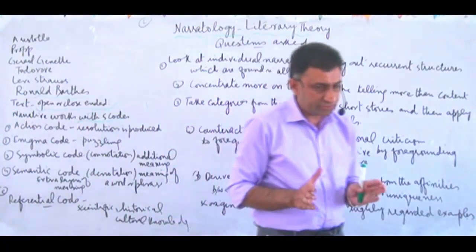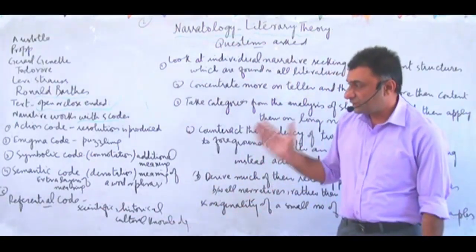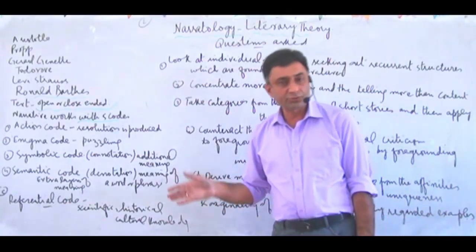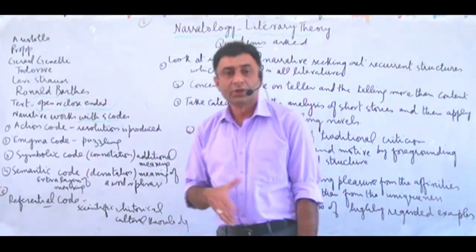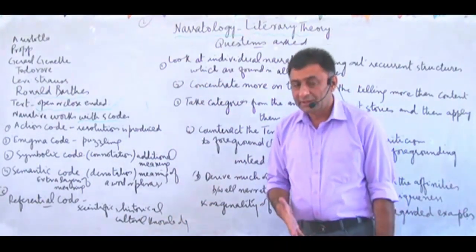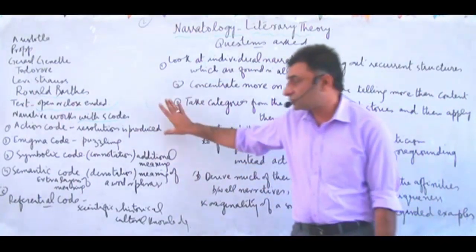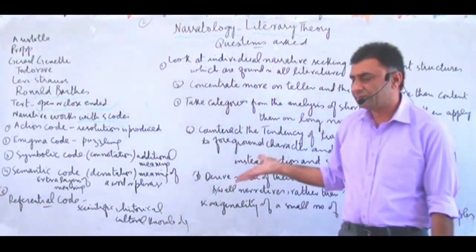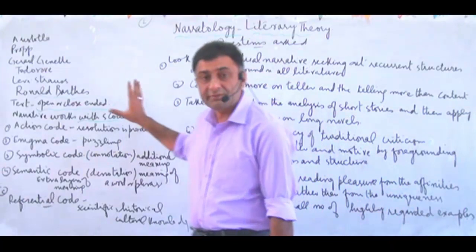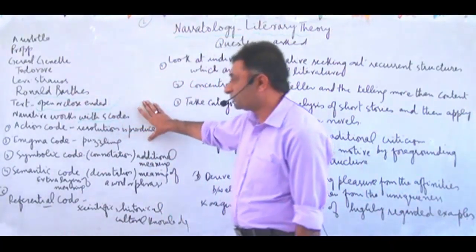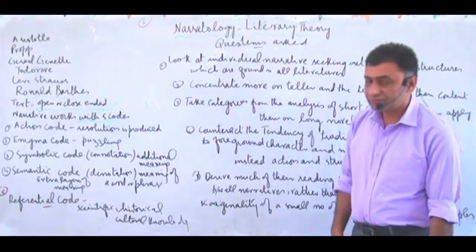He says that these are the five codes, and in a piece of literature there can be any one of them, any two, any three, any four, or even all five. But these are the five codes which are part of each and every narrative. The very first is the action code. These are Barthes' five narrative codes.